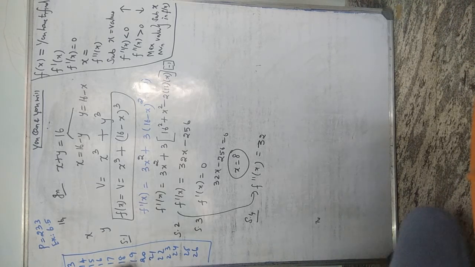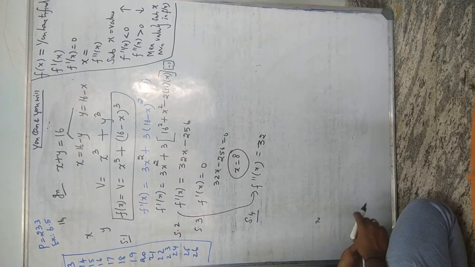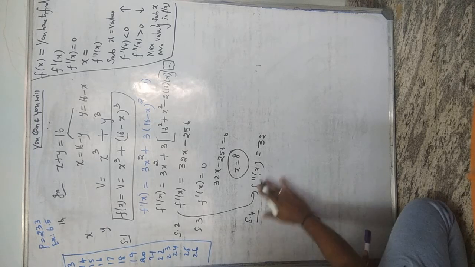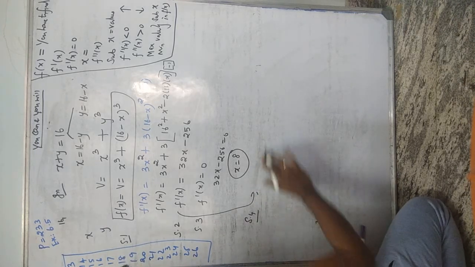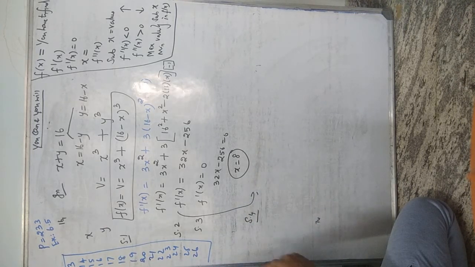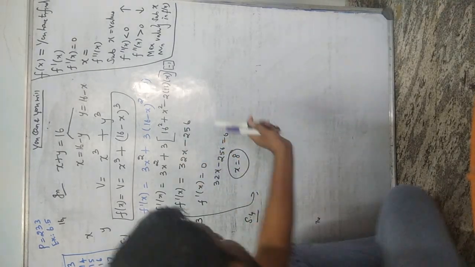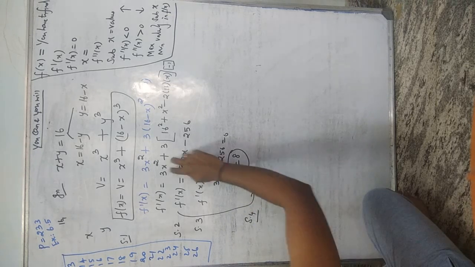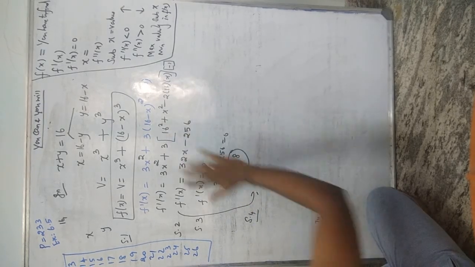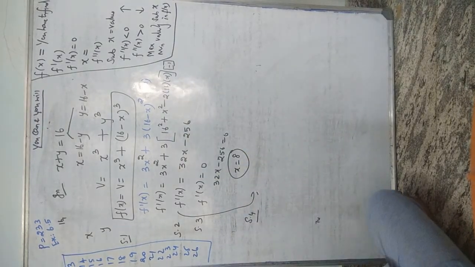Maybe I have taken something common, so check it. Finally I have x equal to 8. Maybe I have taken f dash of x common and put it equal to 0, then only I got 32x minus 256. Maybe some other thing comes, you check it. X equal to 8 is the final value.